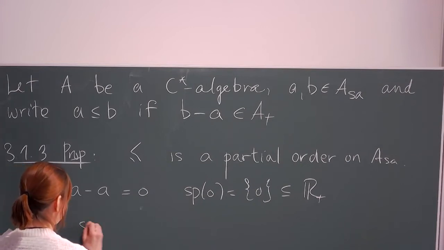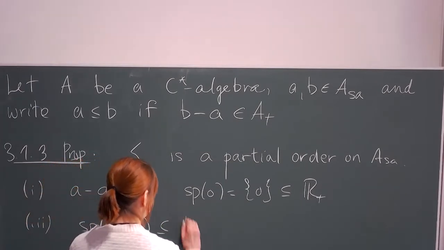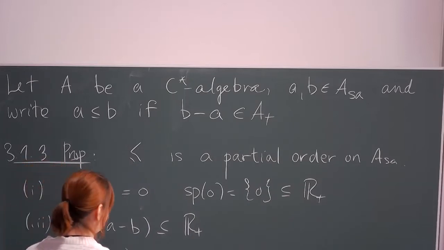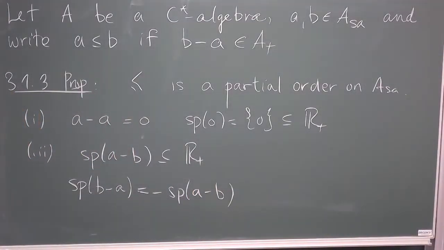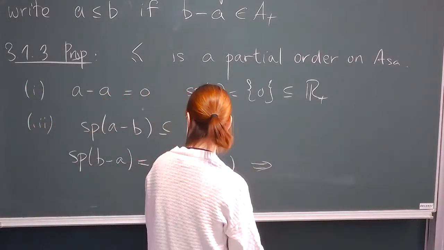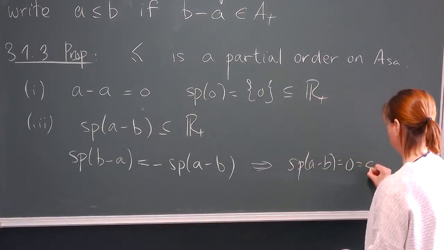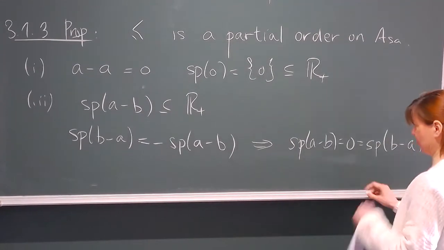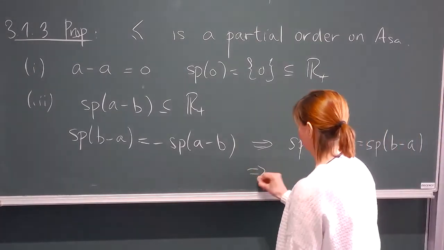If we have that the spectrum of A minus B is in R plus, and the spectrum of B minus A, which is just the minus of the spectrum of A minus B by the spectral mapping theorem, then these are both going to be 0. Which means that the norm of A minus B and B minus A is 0, so we get that A is equal to B.